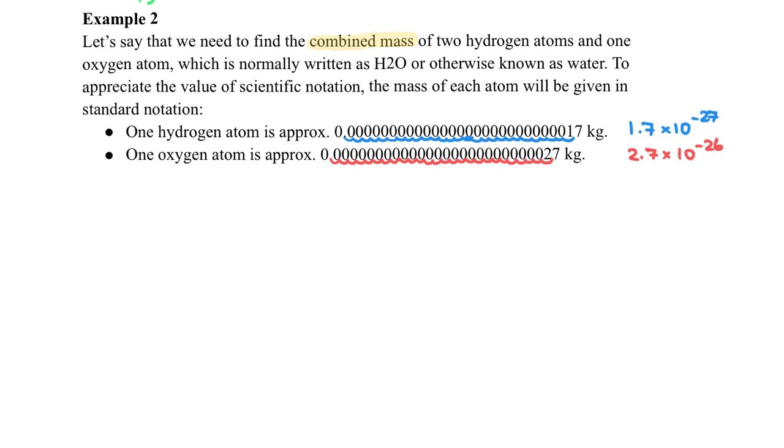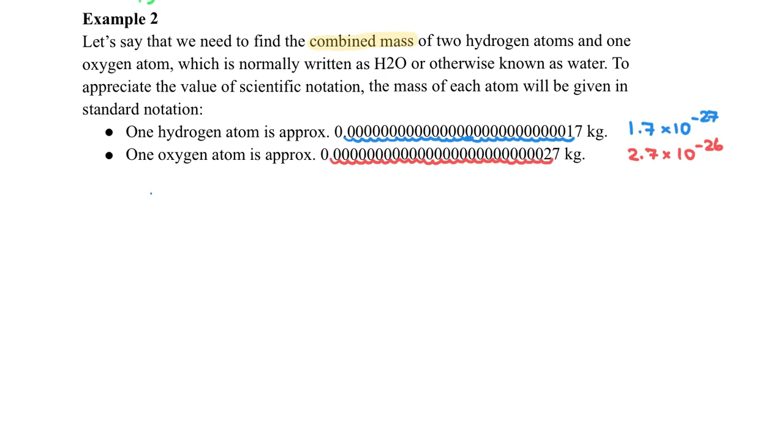Okay, so we're back, and this is what I found. I found that the hydrogen atom is 1.7 times 10 to the negative 27th kilograms, and the oxygen is 2.7 times 10 to the negative 26. So what we're doing is adding 2 hydrogens and 1 oxygen.